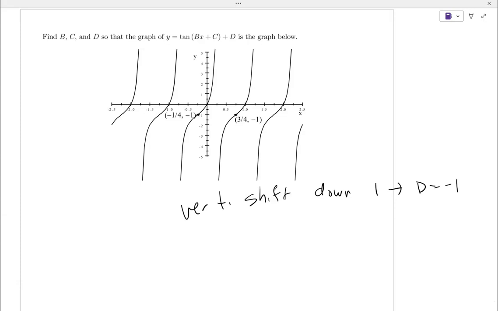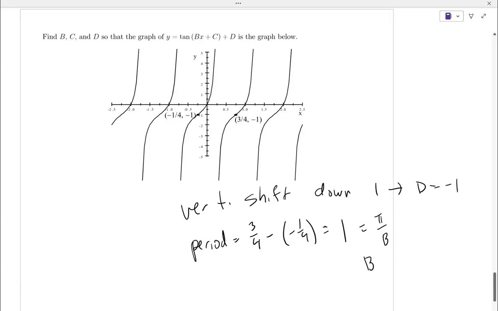All right, what next? Okay, and how would we do that in this case? 3/4 minus 1/4, and we get 1. Divided by pi.